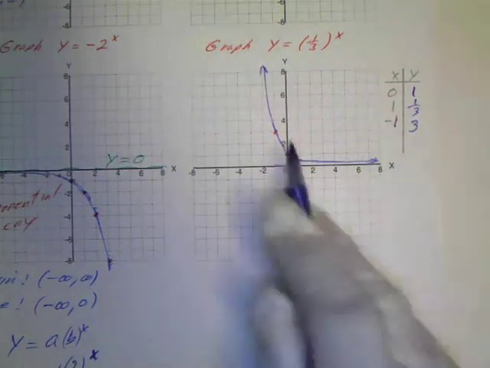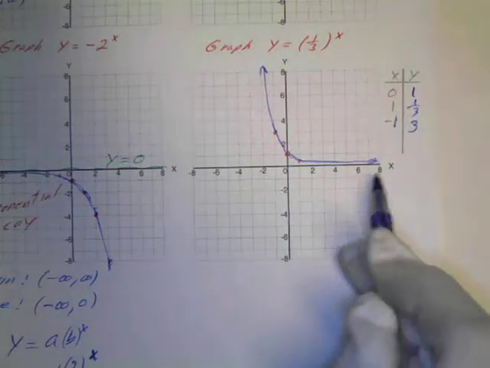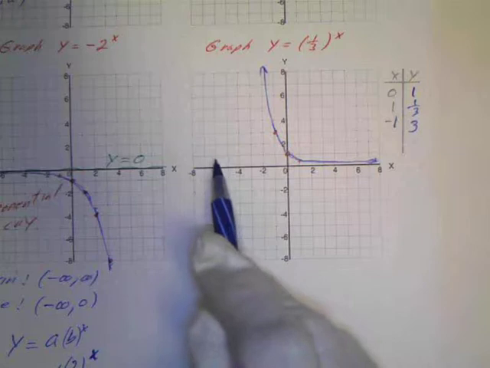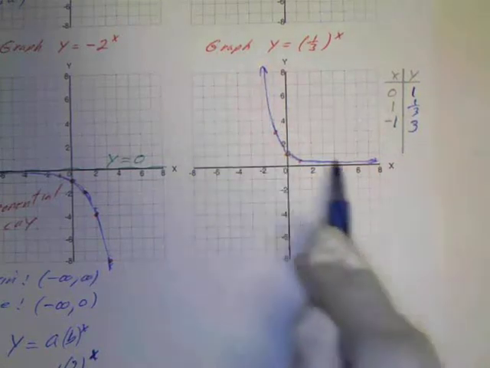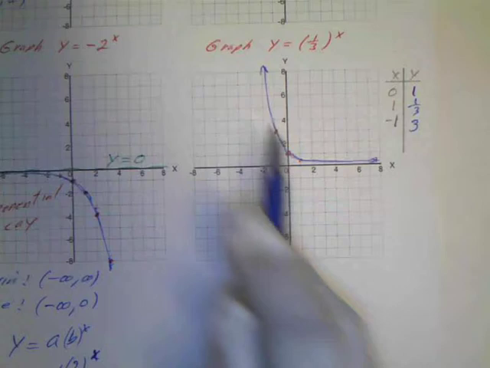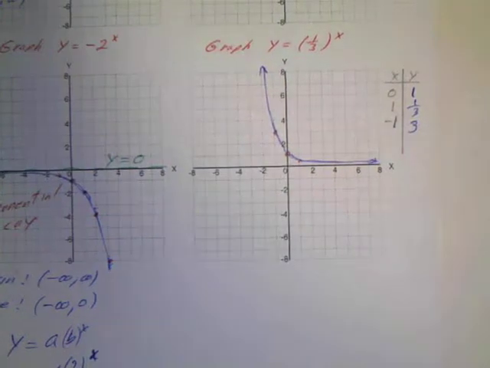Okay, and there's your curve, and as I go from the left to the right, what are the values doing? They're getting smaller, so it looks like it's exponential decay.